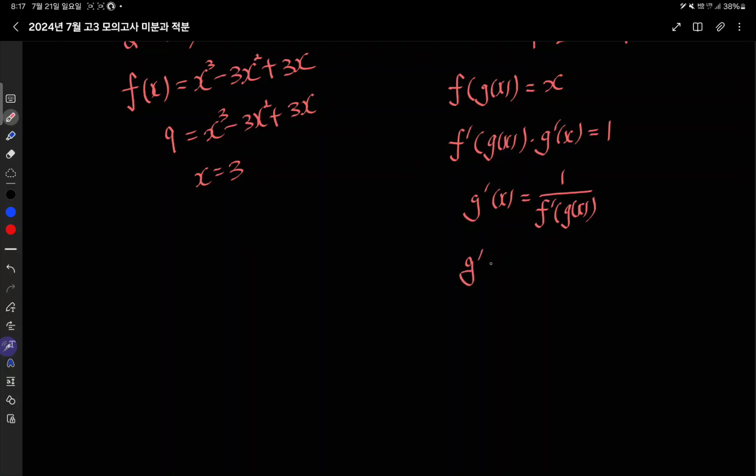So g prime of 9 is equal to 1 over f prime of g of 9. And because g of 9 is 3, we can use f prime of 3.